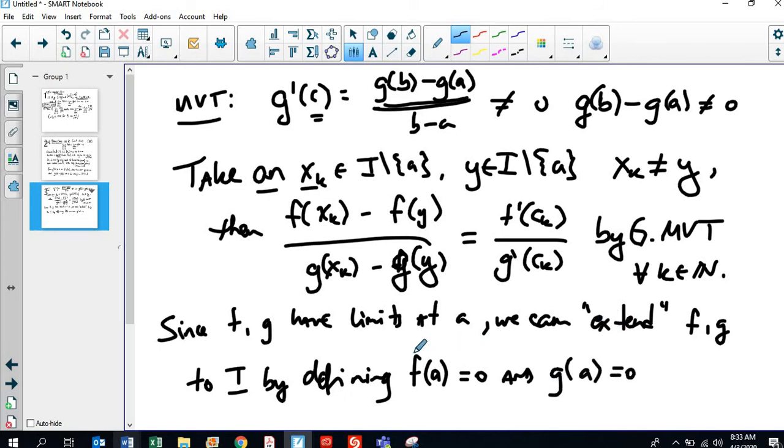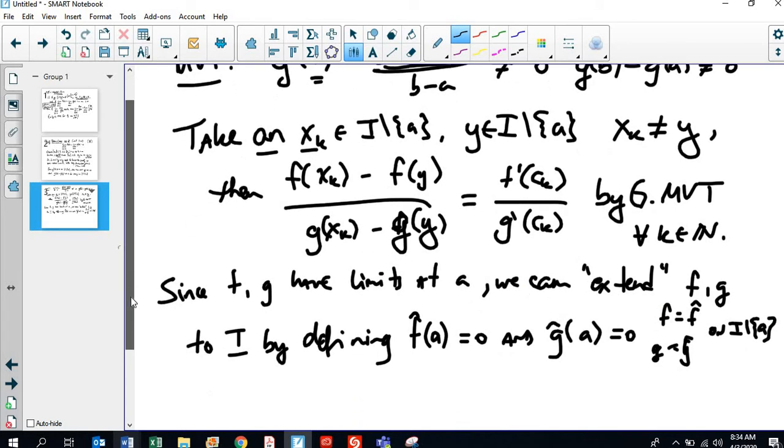So technically these are extensions, right? So these are not the same function. They are equal, right? f equals f hat and g equals g hat on I minus a. But they're continuous extensions, all right?